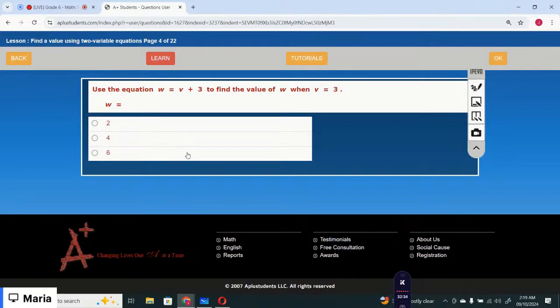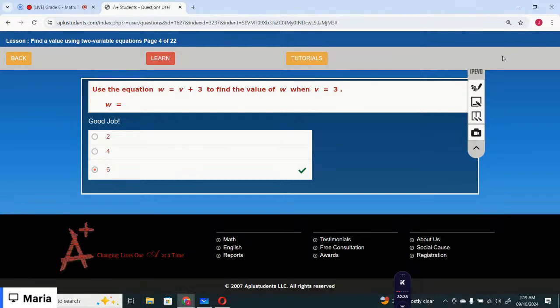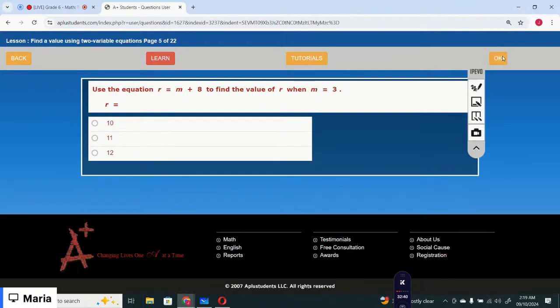Option number 2 is the correct option. Use the equation r equals m plus 8 to find the value of r when m equals 3. So, which is the correct option?